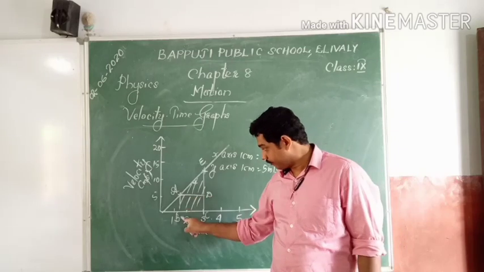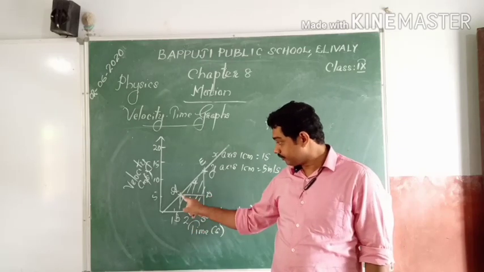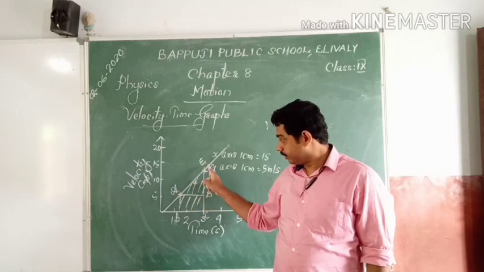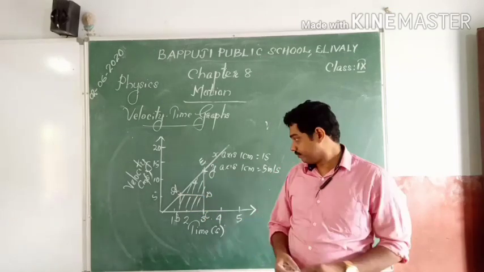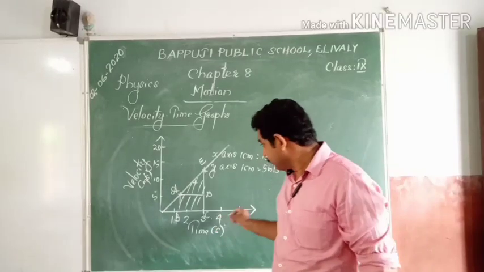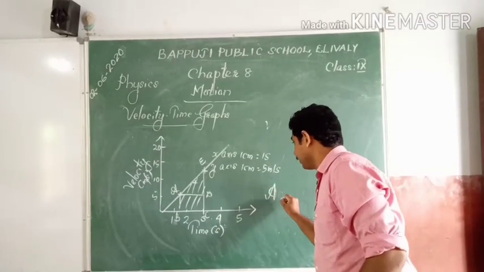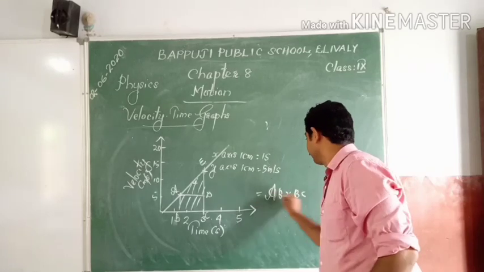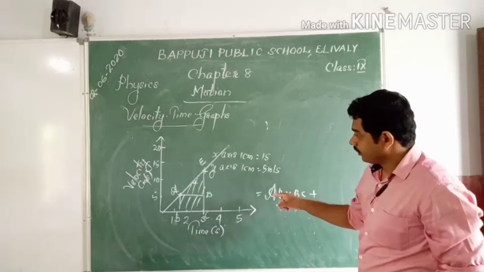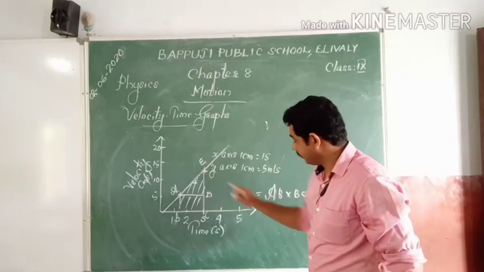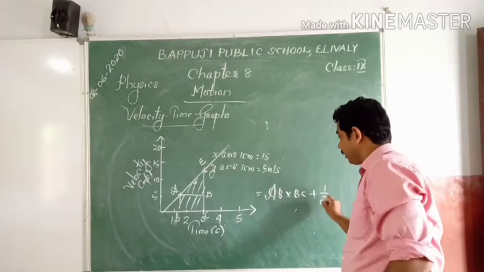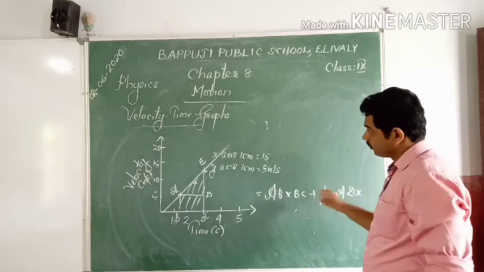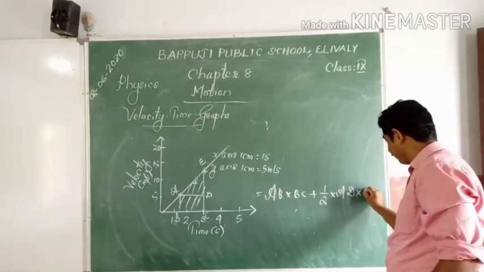The area of rectangle ABCD plus the area of triangle ADE gives displacement. The area of the rectangle is AB into BC, plus the area of triangle ADE, which is half into base AD into height DE.